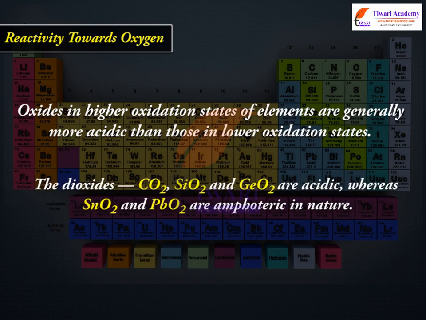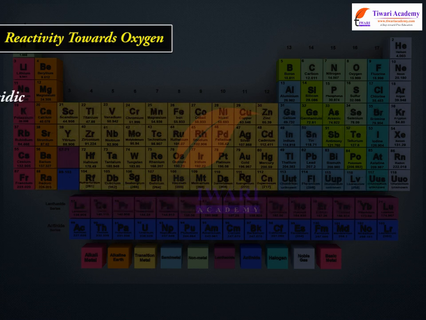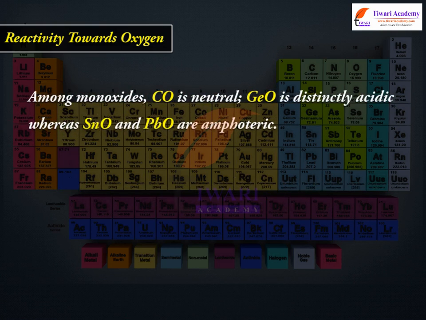The dioxides CO2, SiO2 and GeO2 are acidic, whereas SnO2 and PbO2 are amphoteric in nature. Among monooxides, CO is neutral, GeO is distinctly acidic, whereas SnO and PbO are amphoteric.